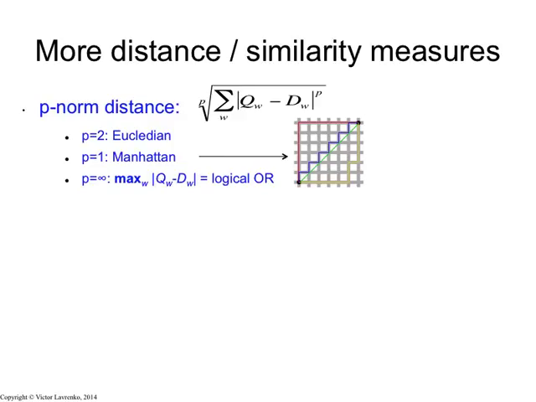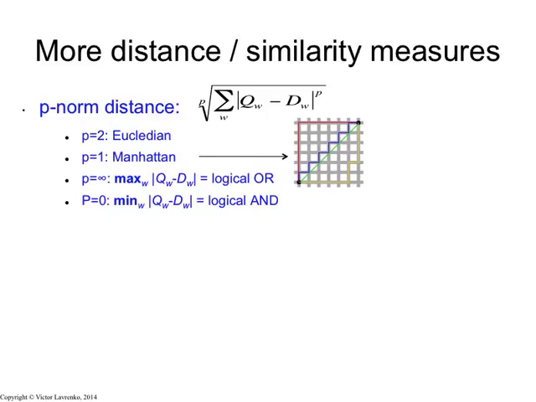An interesting thing that happens with the p-norm is that if you set p to a big value, it starts behaving like a max over the individual dimensions of the differences. And a max, if you remember your logic, behaves kind of like a logical OR in the formula. If you set p to 0, or near 0, you get the opposite behavior.